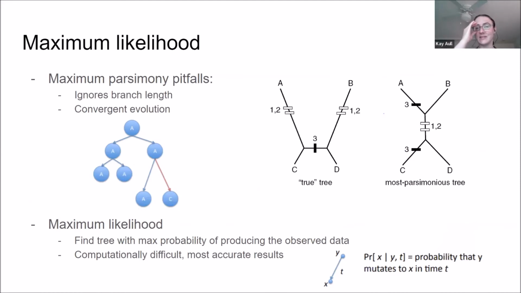Some of the things that can come up if you're doing these methods, you have to be somewhat careful of ignoring convergent evolution.